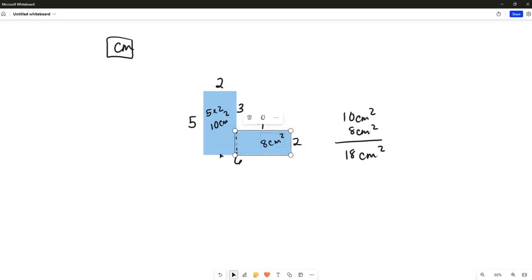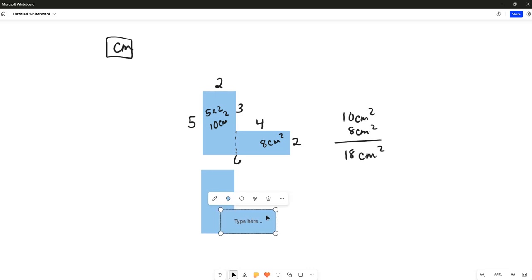Now we can also divide this a different way. Instead of splitting it like that, we could split it like this.